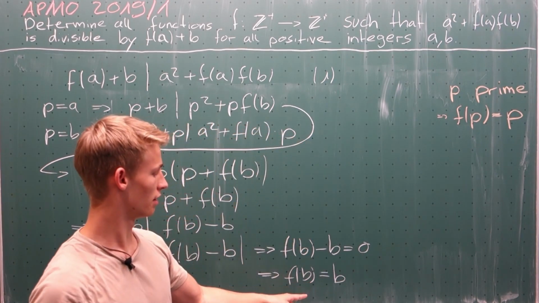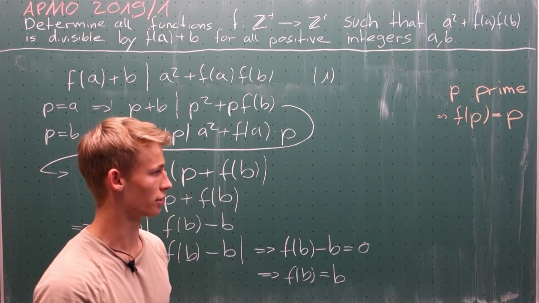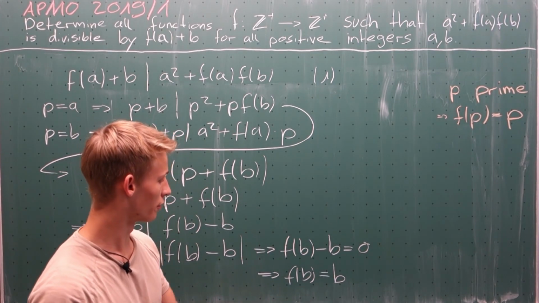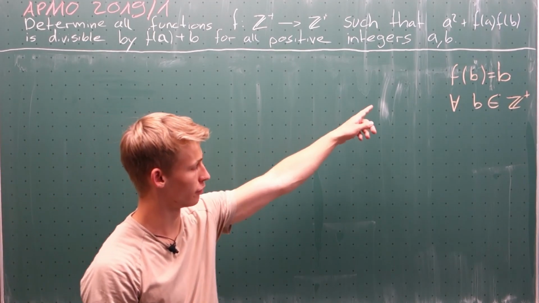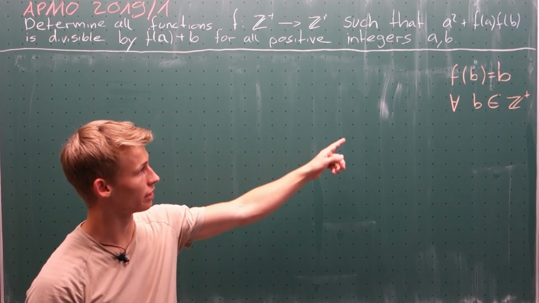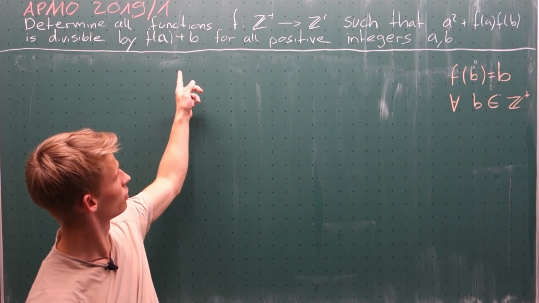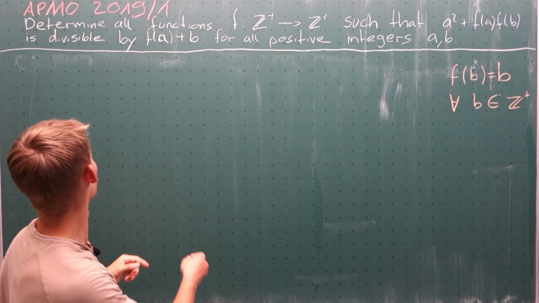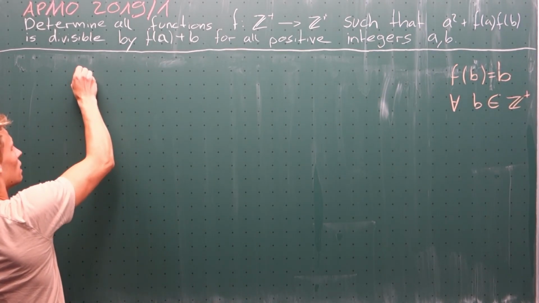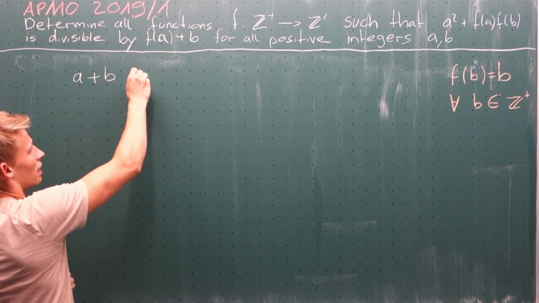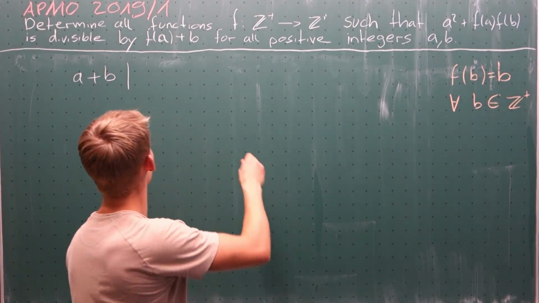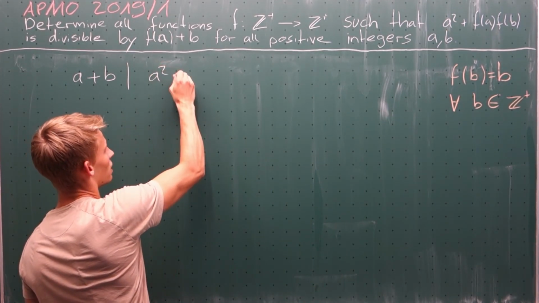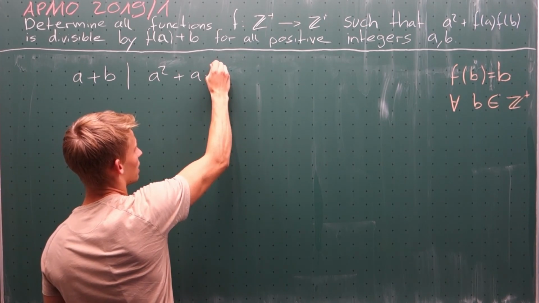So f of b is equal to b is our only possible solution, and now it's left to prove that f of b is equal to b works. In order to prove that, we can put in f of b equal to b in our two terms here. So we get that f of a plus b is equal to a plus b, and this must divide a squared plus f of a times f of b, and this is equal to a squared plus a times b.